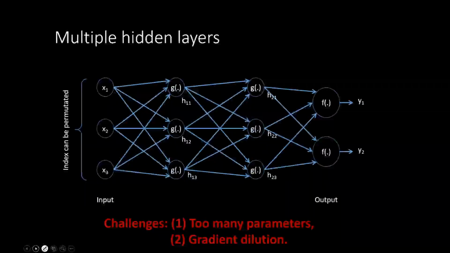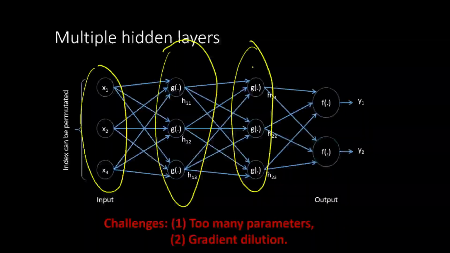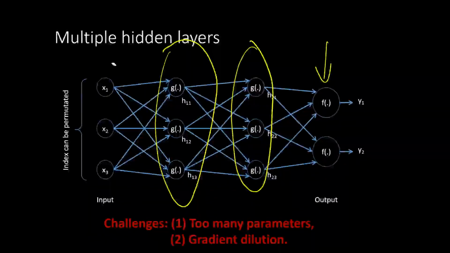Okay. So now what we can do with these neural networks, we can take inputs, and we need not have a single hidden layer. We can actually add multiple hidden layers before we get to the output. Such a neural network has, let's say, 2 hidden layers and a final output layer. So it has 3 sets of weights.